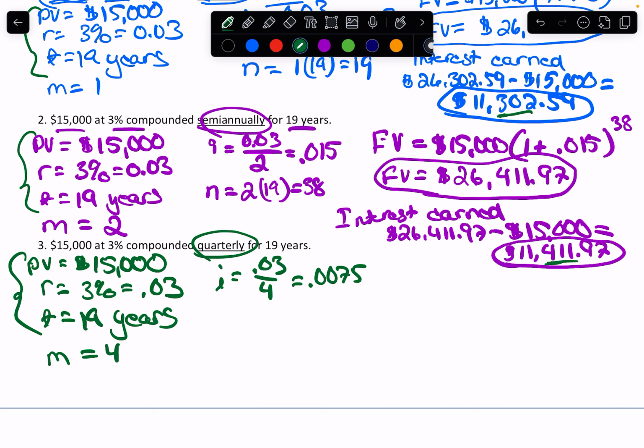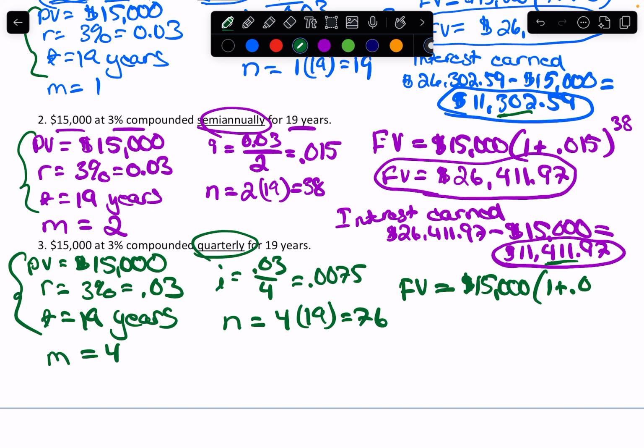And our n is going to be m, which is 4 times, again, quarterly compounded in 19 years. And that is 76. Okay, our future value is the present value times 1 plus 0.0075 to the power of 76.